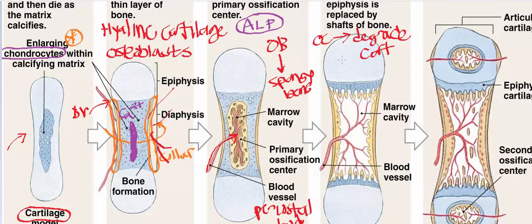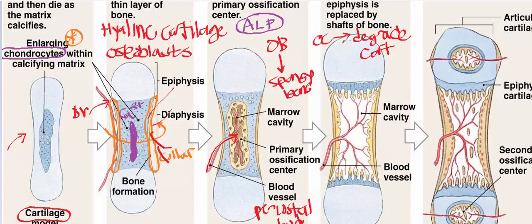So once the periosteal bud penetrates here, you get degradation of some of the hyaline cartilage that's in there, and that creates an even bigger space. And then the osteoblasts will start secreting spongy bone, and the osteoclasts will also degrade that.